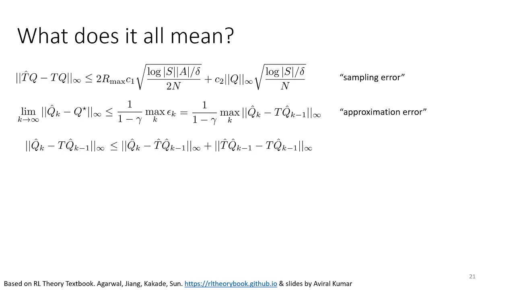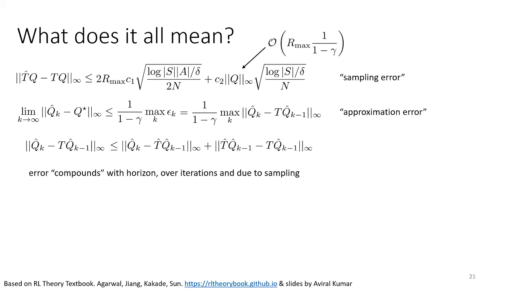So here's what we had on the previous slide. We can see here that error compounds with the horizon over iterations and due to sampling. Notice that in the sampling error, the second term actually is also of order 1 over 1 minus gamma, because Q infinity is on the order of R max over 1 minus gamma. We discussed this before.